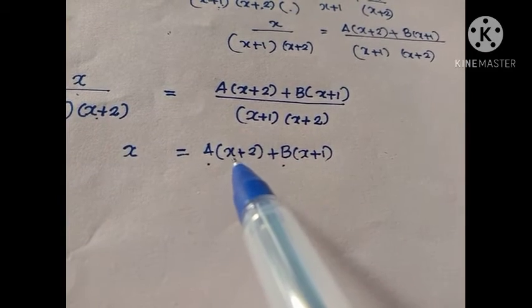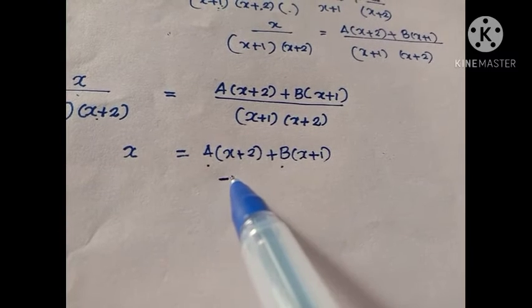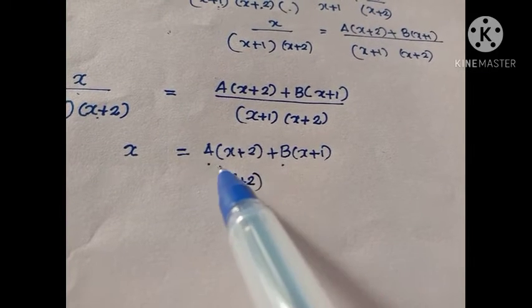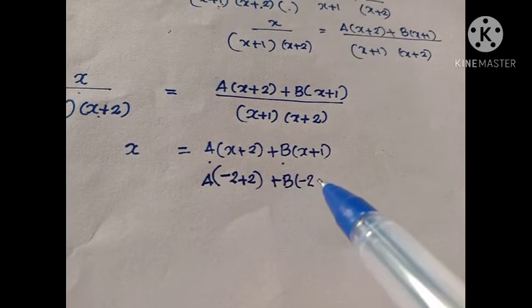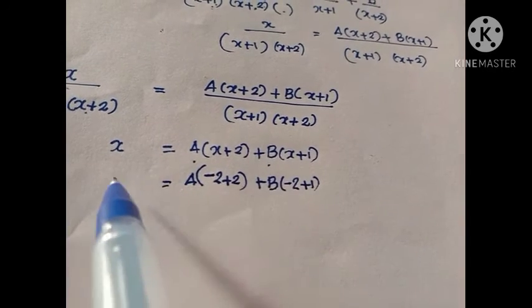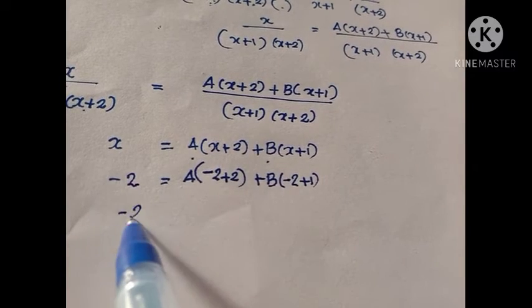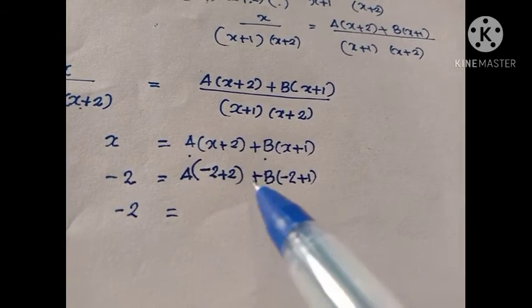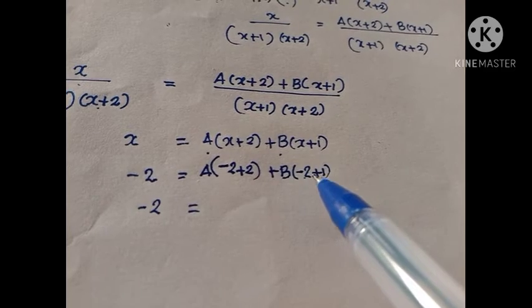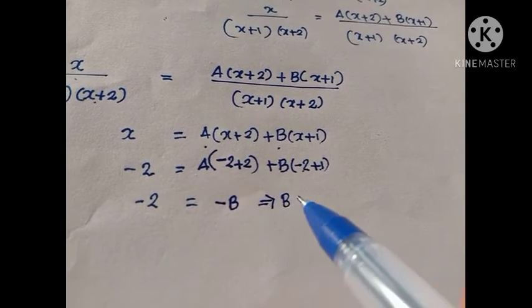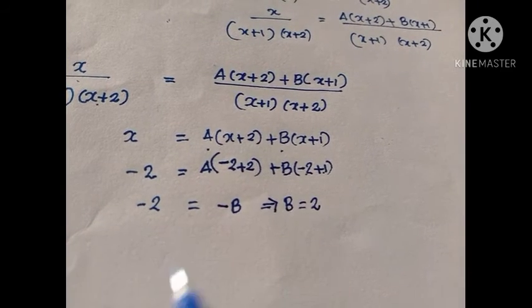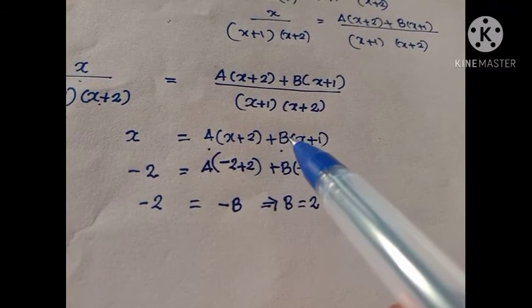If we put x equal to minus 2, what happens? The a term becomes 0. So put x equal to minus 2 throughout. This becomes 0 and this is minus 2 plus 1, that is minus b, so b equal to 2. Now eliminate b.